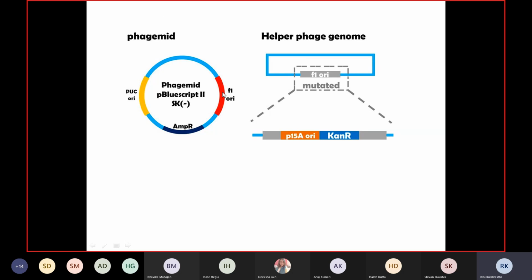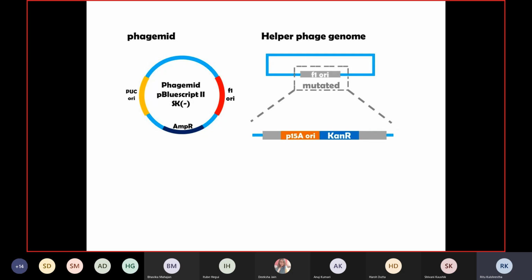So it means if this is there and if the rest of the phage machinery is there, then for any DNA a nick will be made, and then it can be packaged into the phage heads. So what you will do is you will just clone your gene of interest in these phagemids. Now, how will you get the rest of the machinery? Because this is not complete.